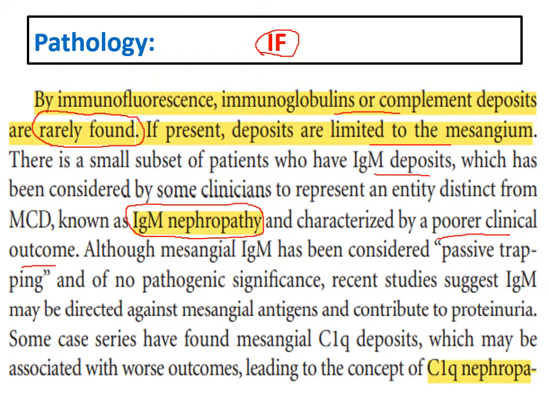IgM nephropathy is usually a bad prognostic condition. Prognosis is much worse than minimal change. يبقى غالبا response to steroids is less than minimal change.